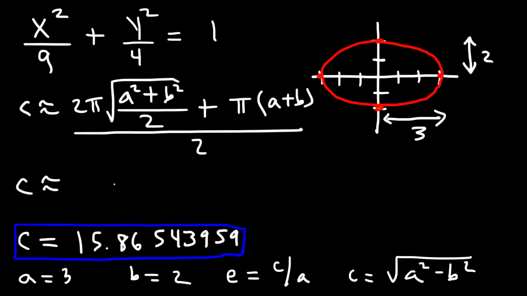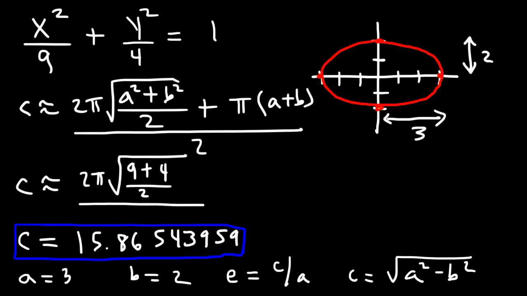So let's go ahead and plug this in. So a squared is 9, b squared is 4, and we're going to divide that by 2 inside the square root. And then a plus b, we know it's 3 plus 2, that's 5. So this is plus 5 pi, all divided by 2. So be careful with the way you plug that in.